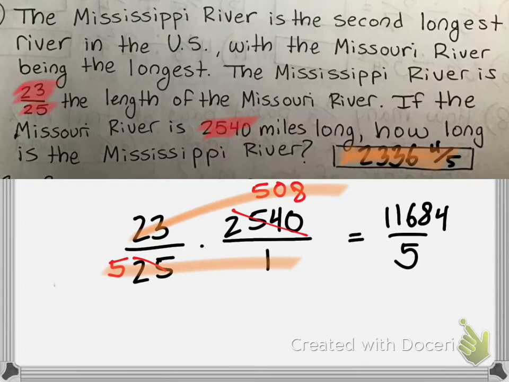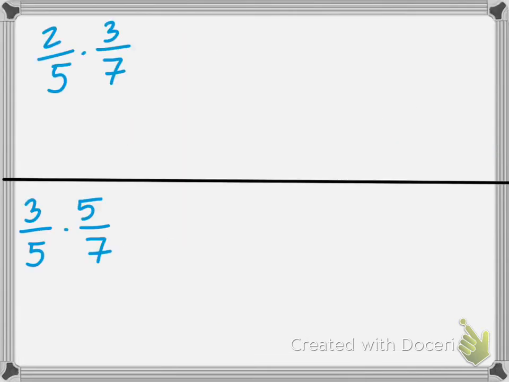Yeah, and we know it makes sense too, because the Mississippi River is smaller, and this answer is smaller than that answer. So that's confirmed. We know that that makes sense as an answer.